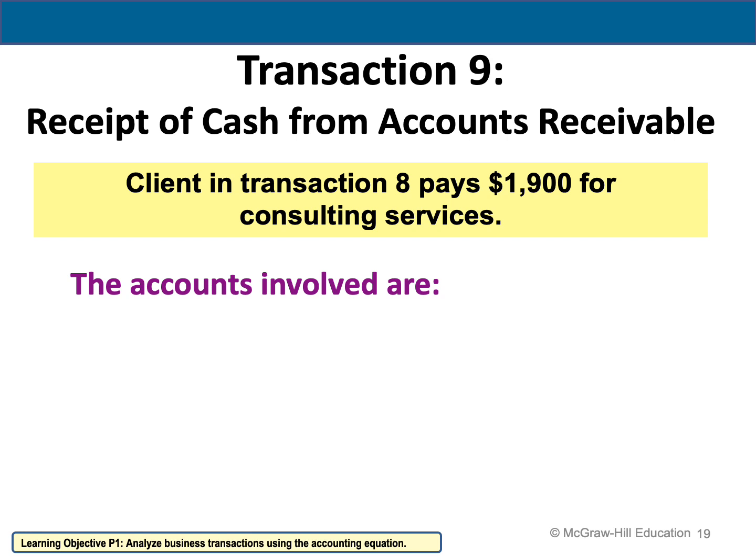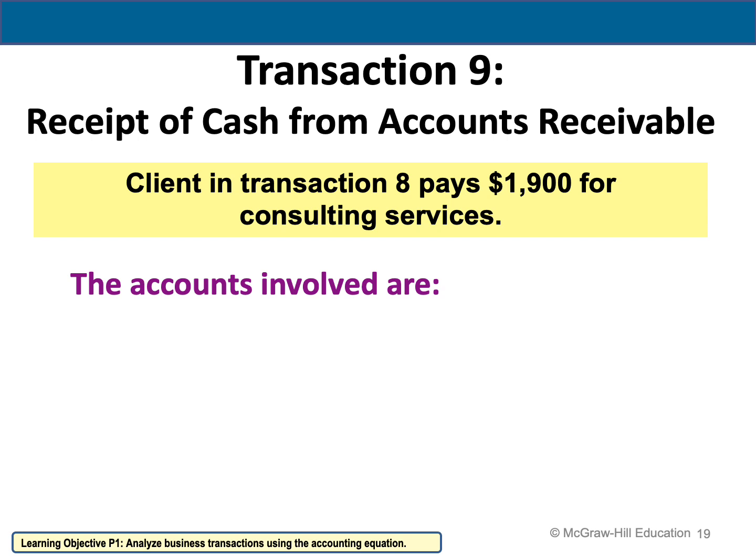So the total was 1,900. And in transaction 8, we said that the company provided services on credit. Why? Because we provided the service and completed it, but we did not receive the money yet from the customer. Therefore, we recorded accounts receivable.